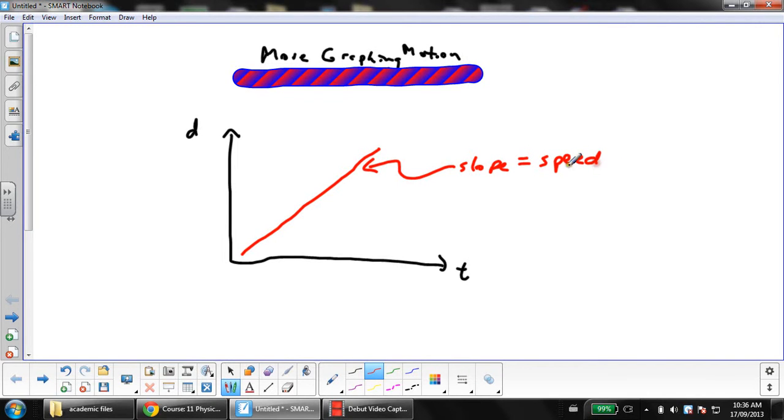Yes. And that was in the last video, but that was easy if this is a straight line. So I'll put really easy if graph is straight. But that's not always going to be the case.